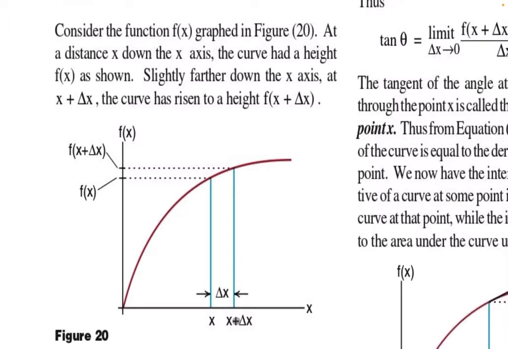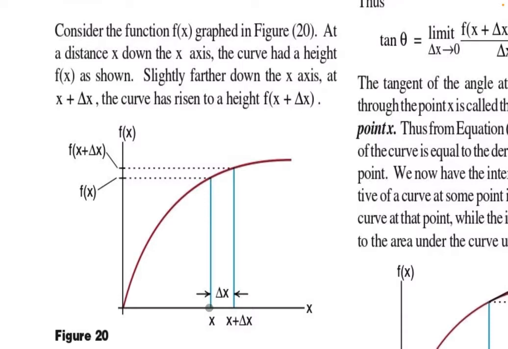the curve has risen to a height. Yan, meron siyang height. Ano yung height natin? F of x plus change in x. Ito yon. Yung initial height niya, siya si f of x. May initial height. So, nag-speed up siya. Bumilis na bumilis hanggang dito.